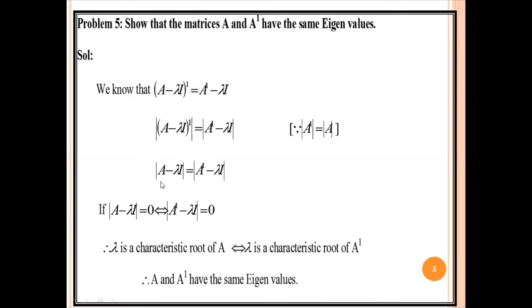That implies determinant of A minus lambda I is equal to 0 if and only if determinant of A dash minus lambda I is equal to 0. What is this statement? It says lambda is a characteristic root of A if and only if lambda is a characteristic root of the matrix A dash. So A and A dash have the same eigenvalues. A and its transpose have the same eigenvalues.